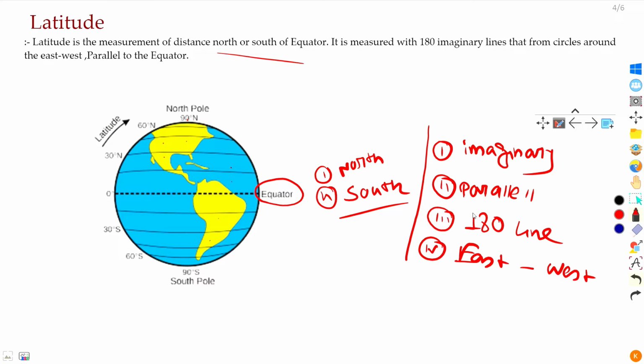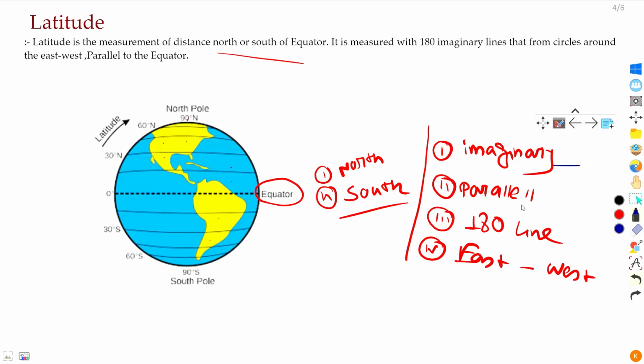So the first point is imaginary line, right? Imaginary means we already know we live on the Earth's surface, not the inner portion of the Earth, so there is no fixed and permanent line. All the lines are imaginary, from the axis and inclination angle to this latitude line and all longitude lines.